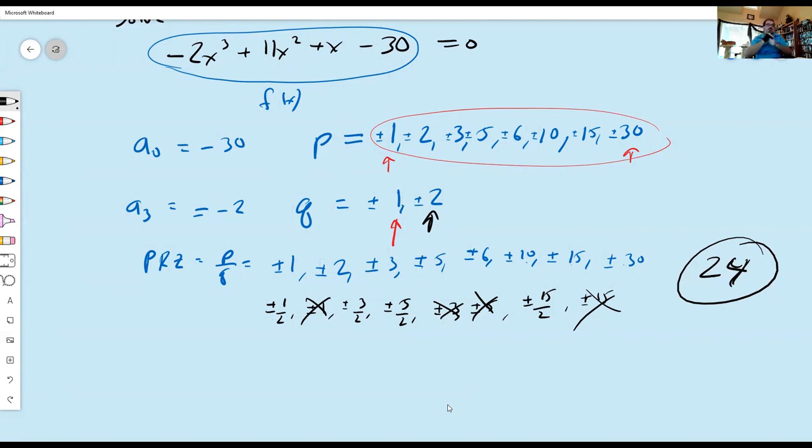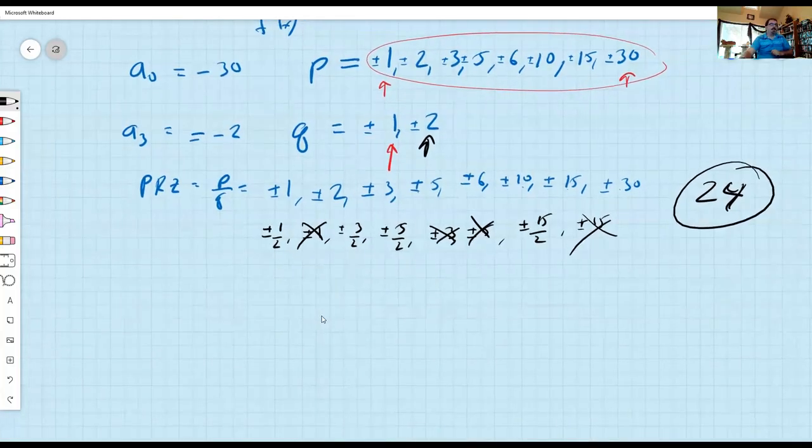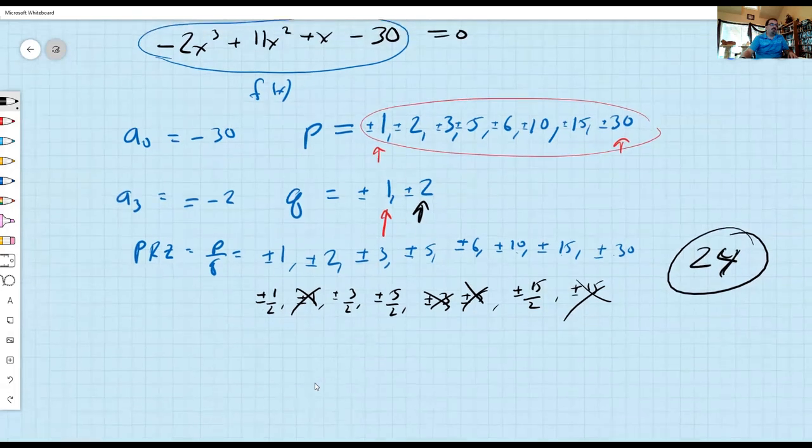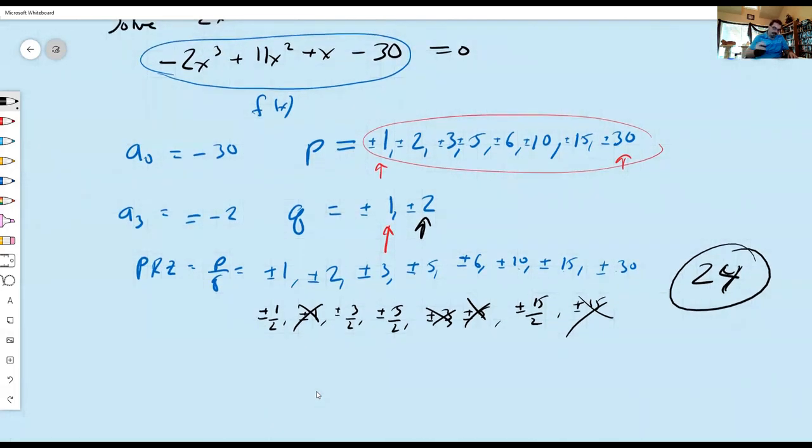All right. So you may need some scrap paper here. So to set up synthetic division, here's my f of x. On the inside, we have minus 2, 11, 1, minus 30.